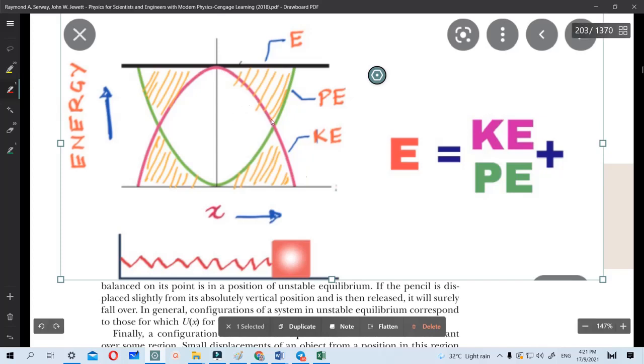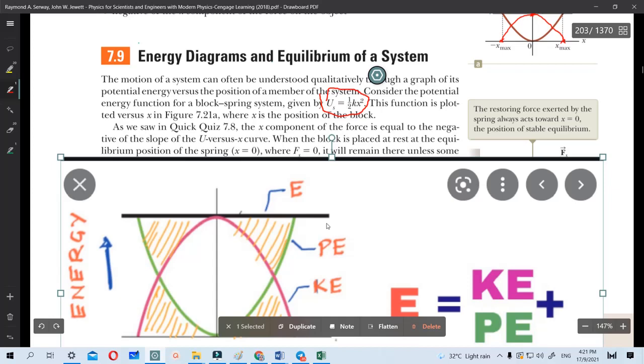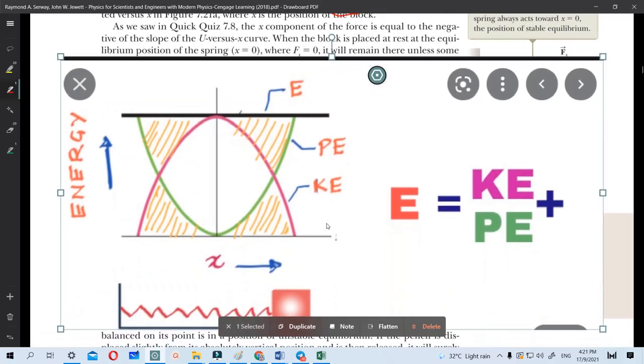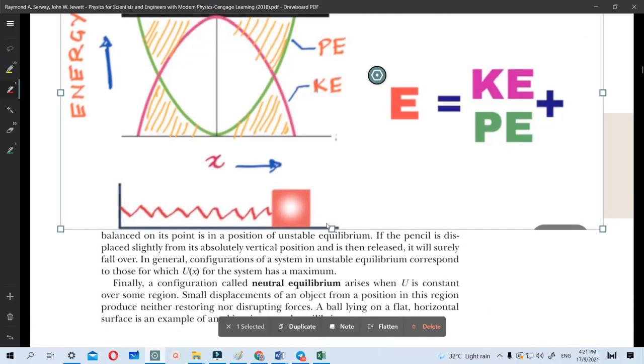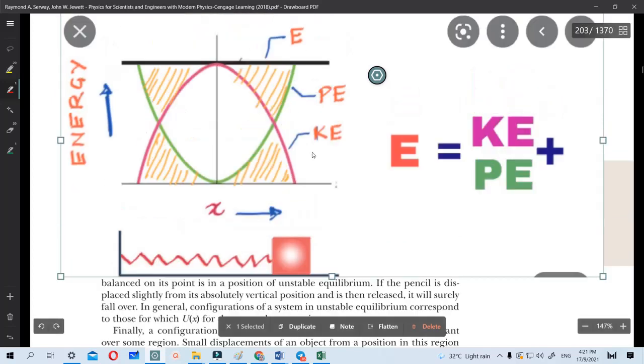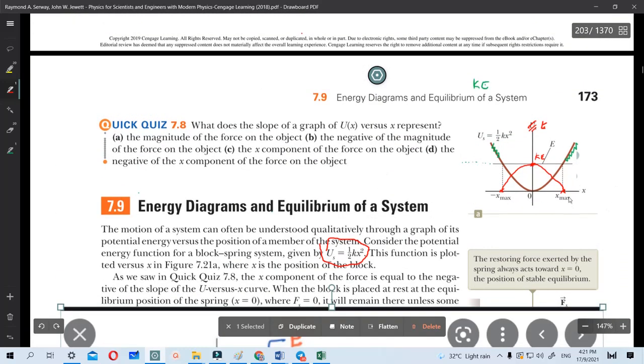So this is how the energy diagram of a spring looks like as it moves back and forth between negative x max and x max. In different textbooks they tend to write it as negative A and A. This is A, to indicate the concept of amplitude, where amplitude is actually the same concept as maximum displacement.